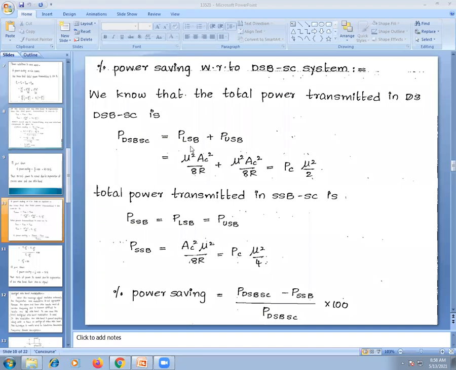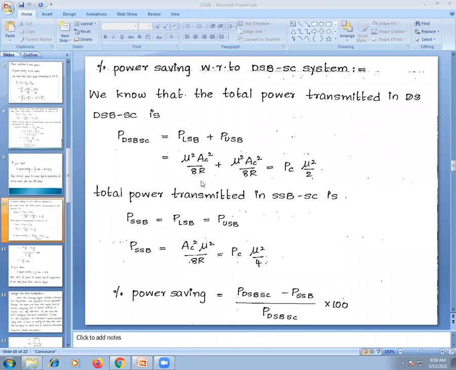The DSB-SC power is the power of the lower sideband plus the power of the upper sideband, that is M square AC square by 8R plus M square AC square by 8R, which is PC into M square by 2. This is the DSB-SC power.